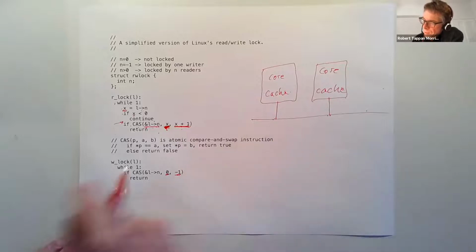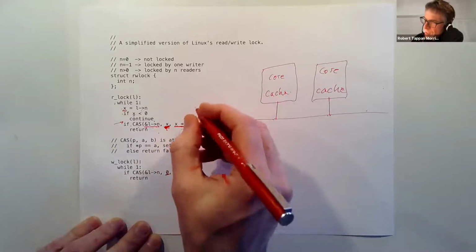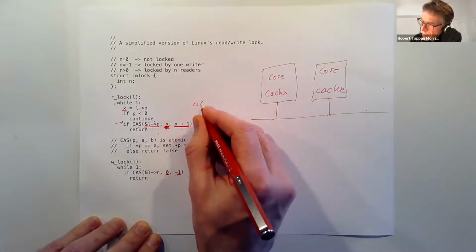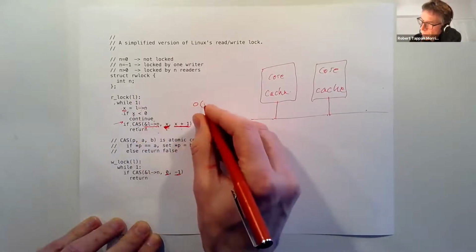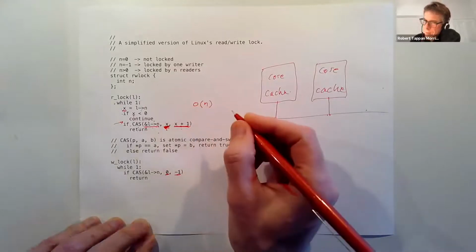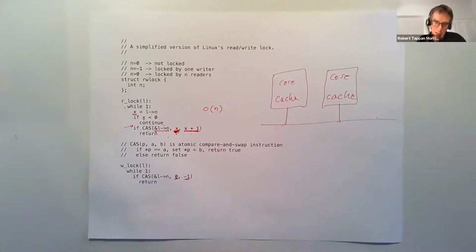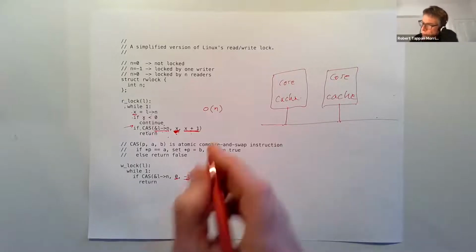And that means that the total cost for n cores to acquire a particular lock, even for reading, is order n. And that means as you increase the number of cores for a popular piece of data, the cost for everybody to lock it just once goes up. Sorry, it's order n squared.